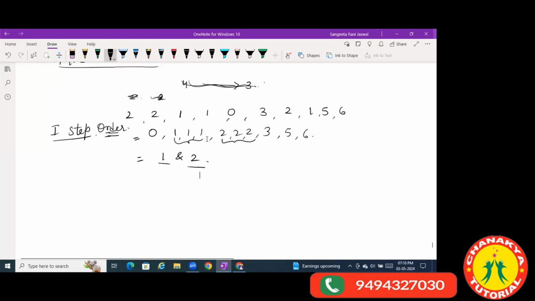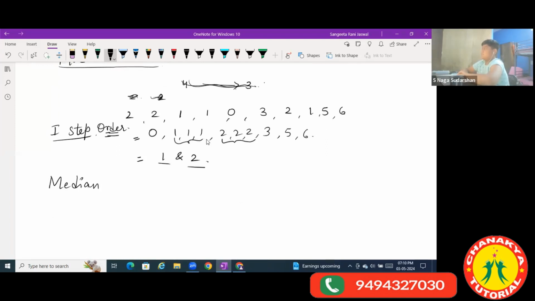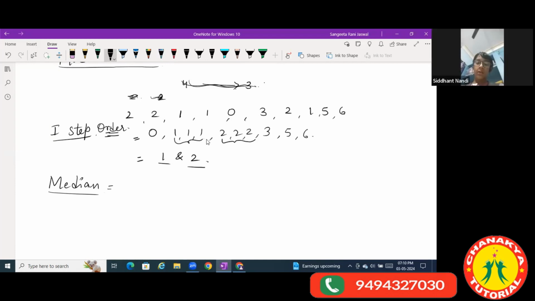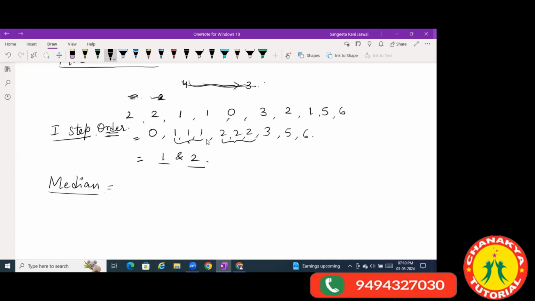So this was about mode, and now we are talking about the median. Ma'am, if the mode of the data is large, then we should keep it in tally marks, right?